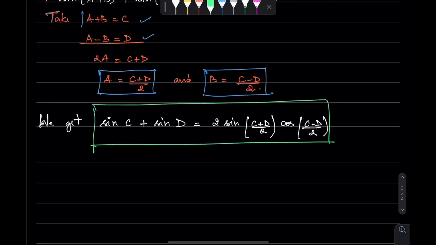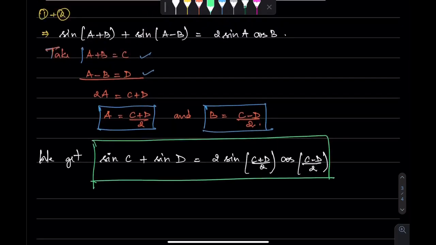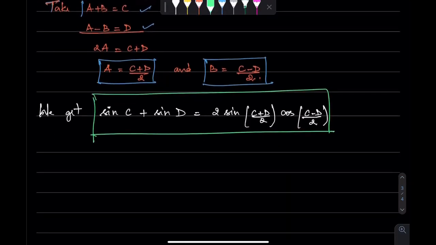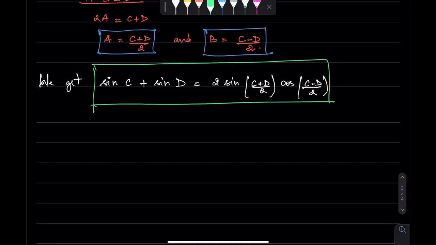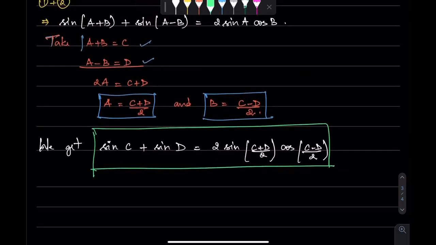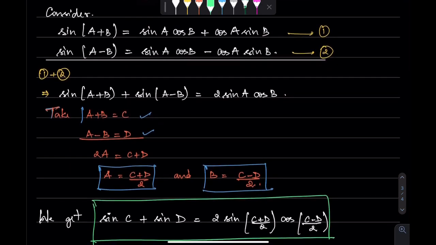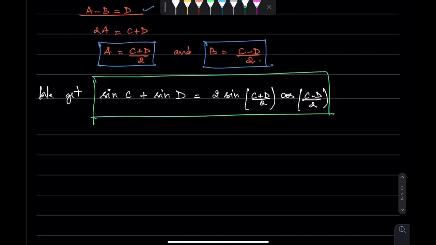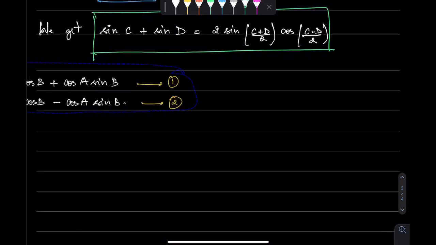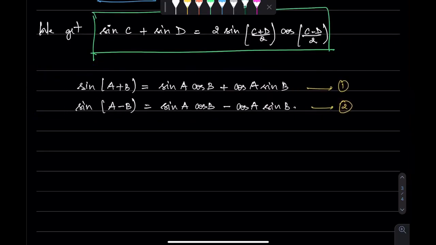You can treat this as sum to product and product to sum. So given the sum, you can write the product, and given the product, you can write the sum. And similarly, if you subtract 1 and 2, what do you get? You can try on your own. Can you try that again, children? I'm taking 1 and 2, and I'm going to subtract.